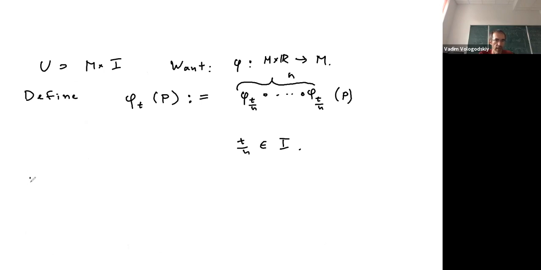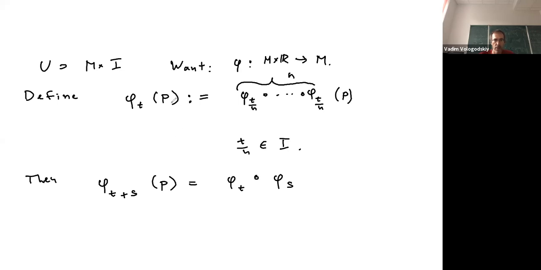Now I claim that for any t and s, phi sub t plus s of P is going to be phi t composed with phi s. Why is this true? That's true because this is definitely true when t and s are in I. So it's true for very small t and s. And also we have this formula.